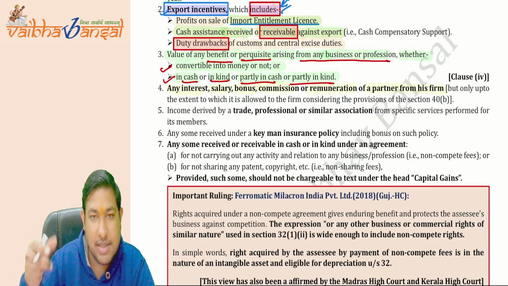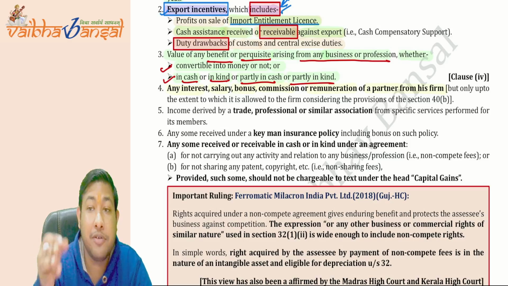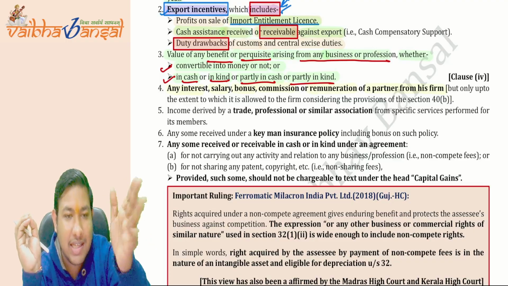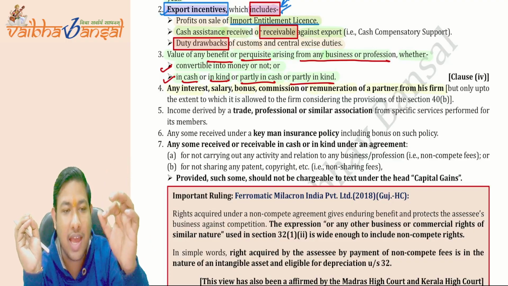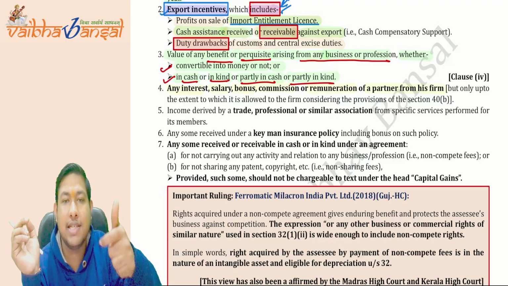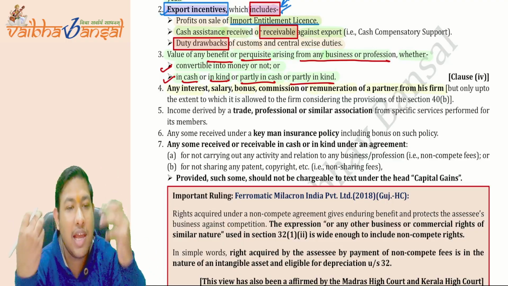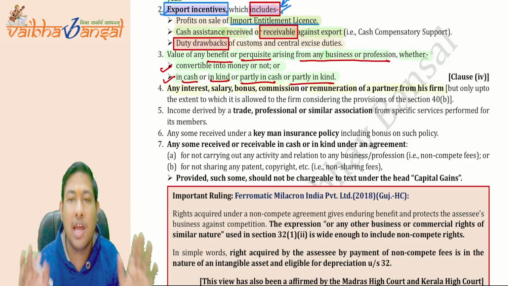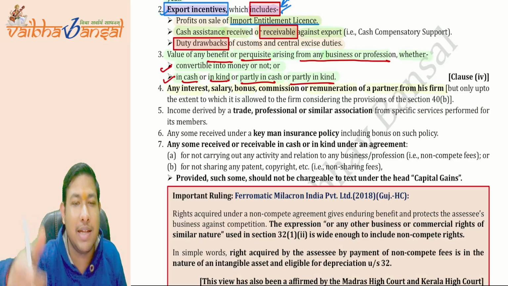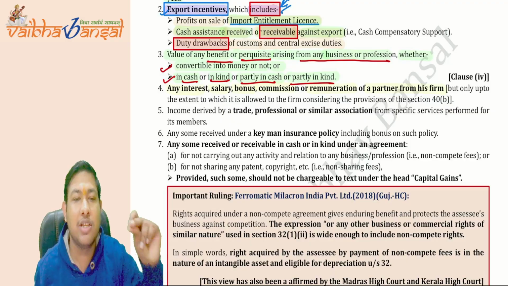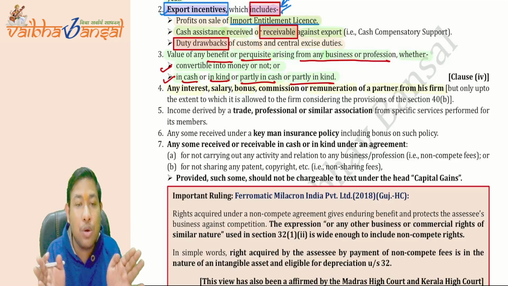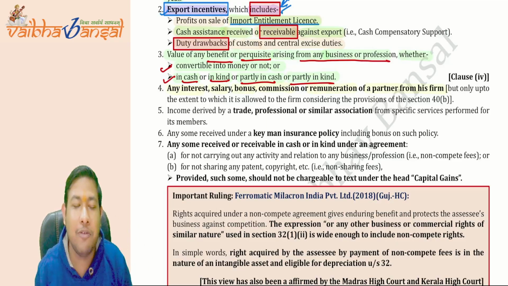Suppose the firm is giving any money to the partner in any form, whether it is interest, salary, bonus, commission, or remuneration, by whatever name called, it is going to be taxed in this head only, the PGBP, because there is no employer-employee relationship between the partner and the firm.